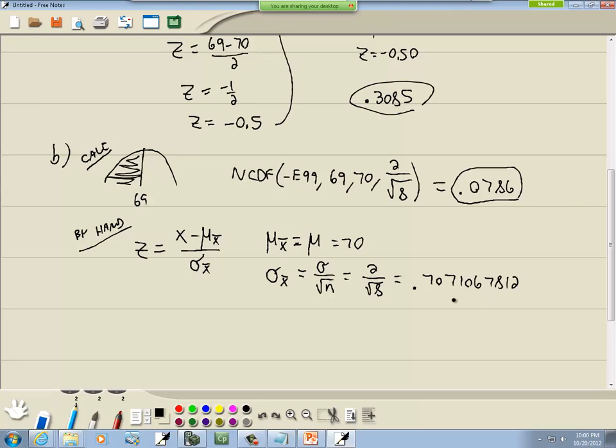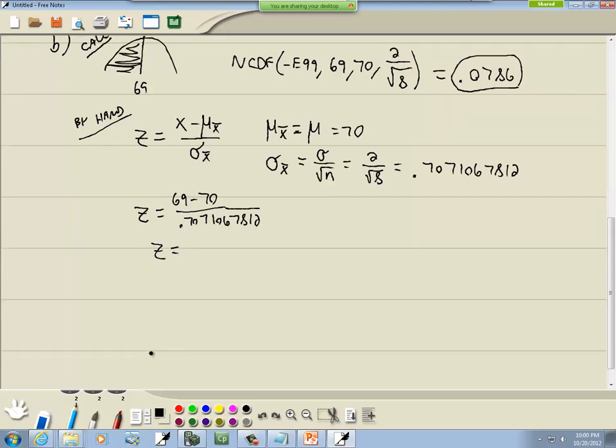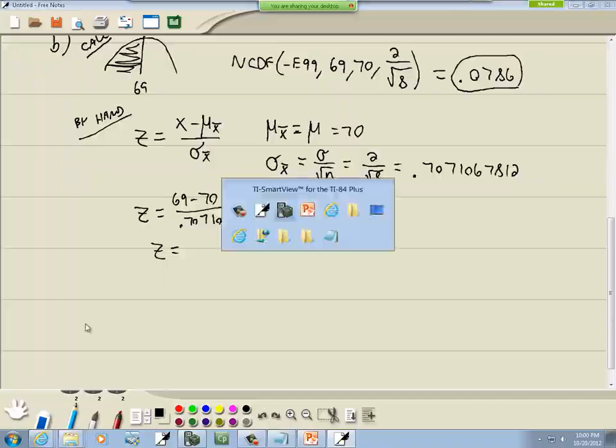So we're going to plug all that in. In this formula, z equals x, which is 69, minus mu sub x bar, which is 70, divided by sigma sub x bar, which is 0.70710678. If I plug this into my calculator, I have to be sure to put parentheses around the top.